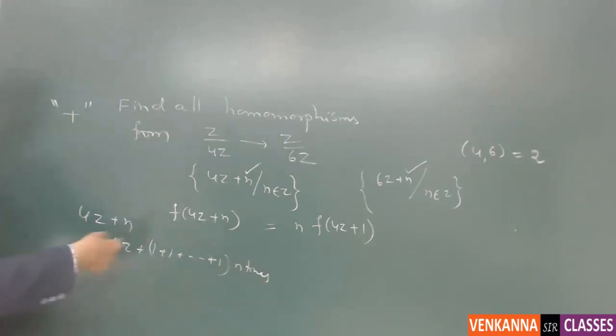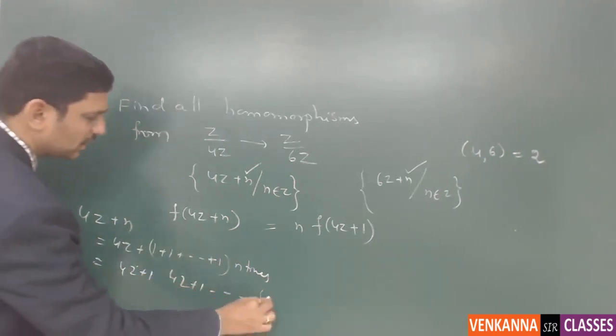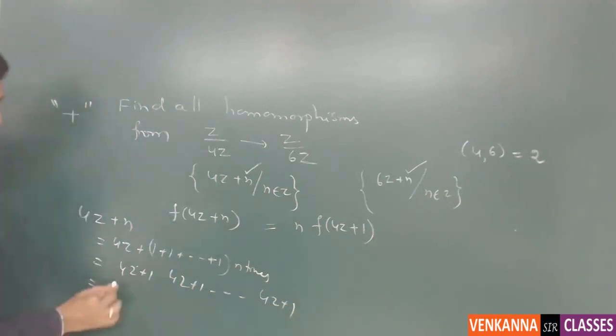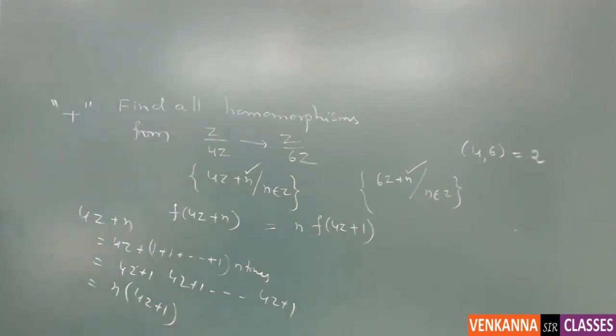So if you apply the property of homomorphism, it will become n into f of 4Z + 1, as per quotient multiplication.